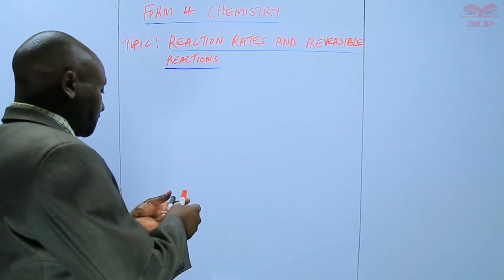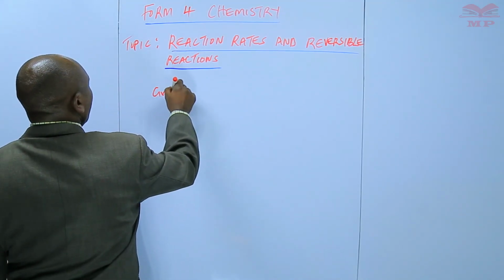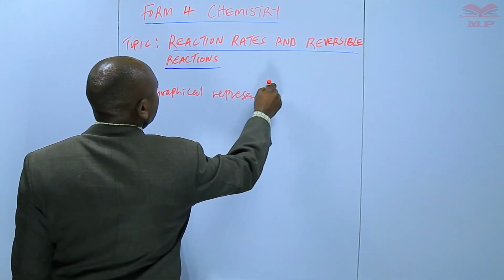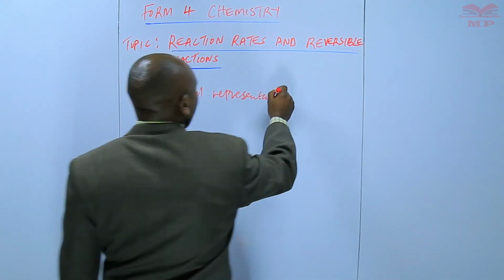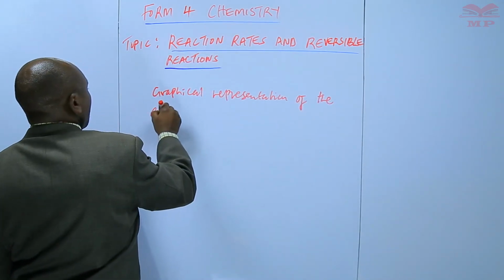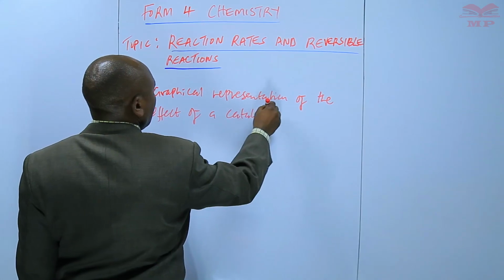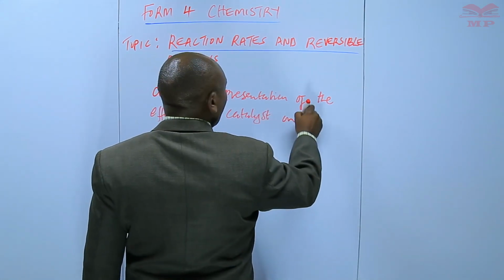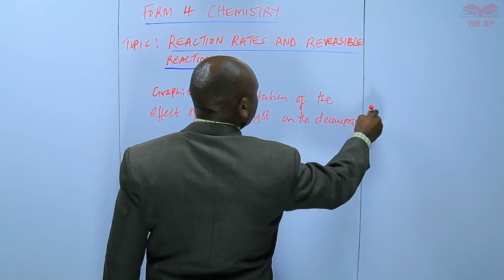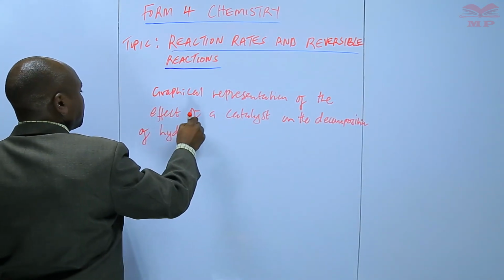So we are going to have a graphical representation of the effect of a catalyst on the decomposition of hydrogen peroxide.